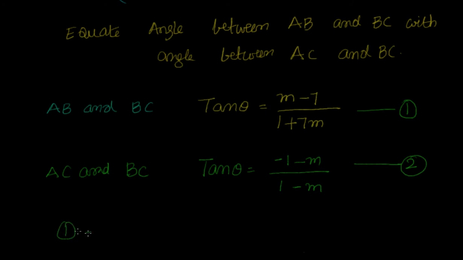Equating 1 and 2 gives us (m minus 1) divided by (1 plus 7m) equal to (minus 1 minus m) by (1 minus m).